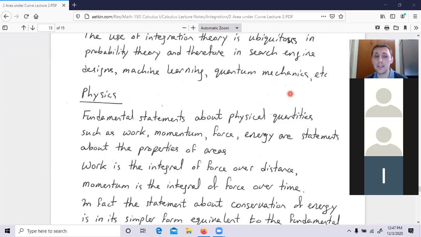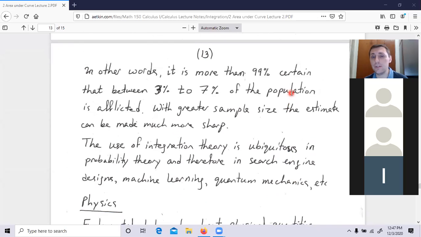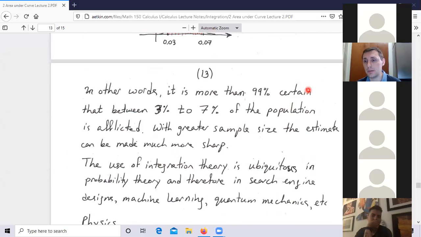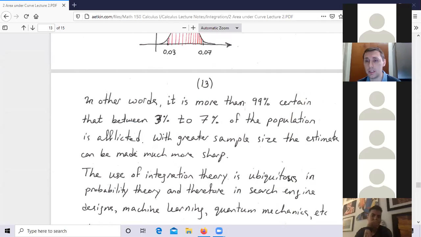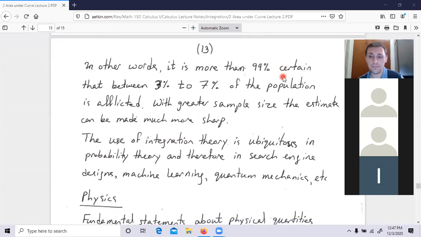All right. In physics, and again, I just mentioned the disease, but pretty much probability is at the heart of the modern conception of reality itself. You can read Quantum Physics, the book I recommended, and see for yourself how probability is used and what you need integration for.